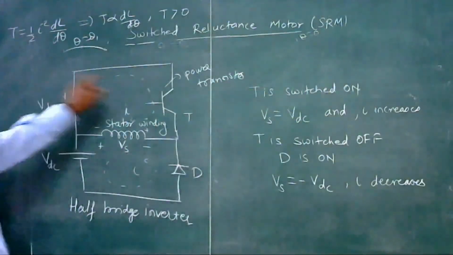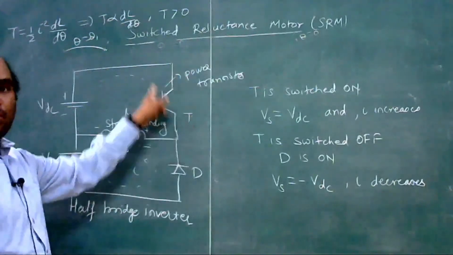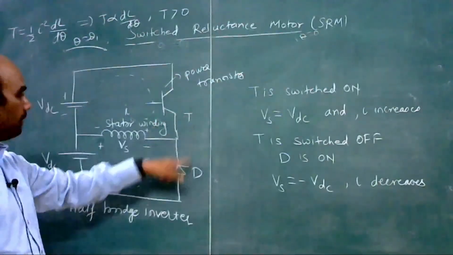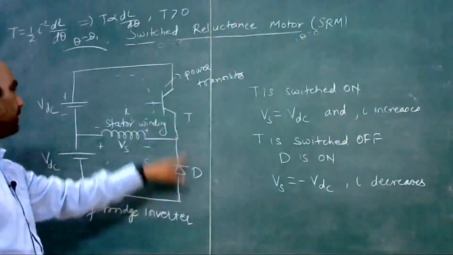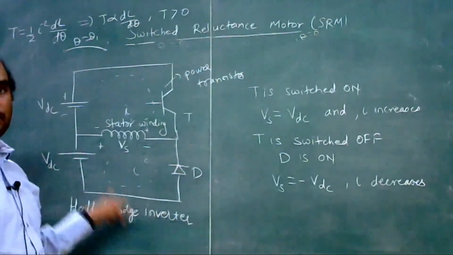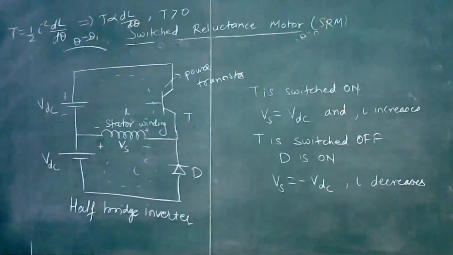So when the power transistor T is on, current is increasing, and when diode D is on and T is off, current is freewheeling through the diode D.